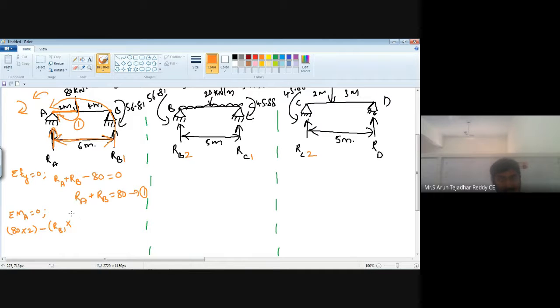Now one moment is acting, that is moving in the clockwise direction, so consider positive 56.81, equal to 0. Now all of you open your calculators, enter these values, then you will get the RB1 value. What is RB1 here? That is 36.135 kilonewton.